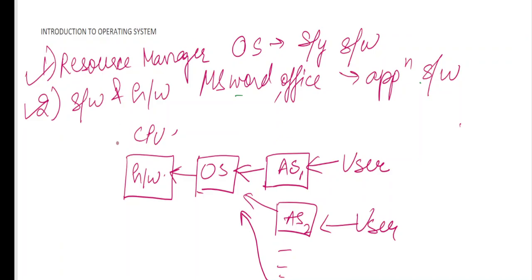Resources are your CPU, your I/O, all the hardware devices connected to your PC, and the operating system manages these resources. It is a connection between application software and hardware, or you can say a connection between user and hardware. So this is the definition of operating system. In the next lecture we'll study the types of operating systems.